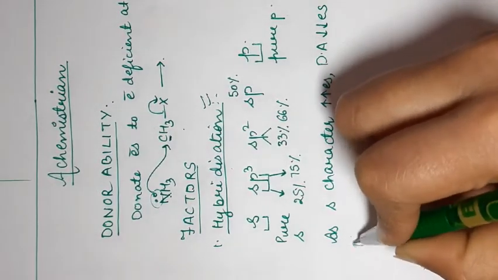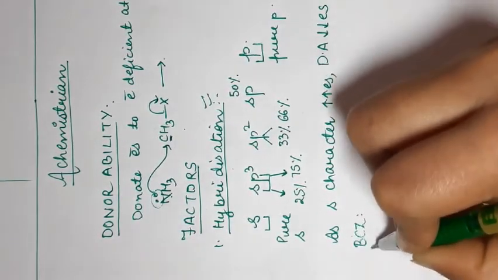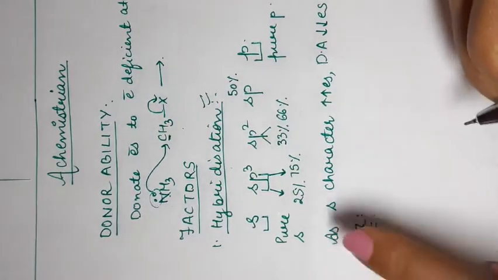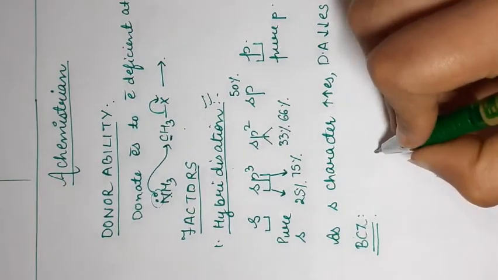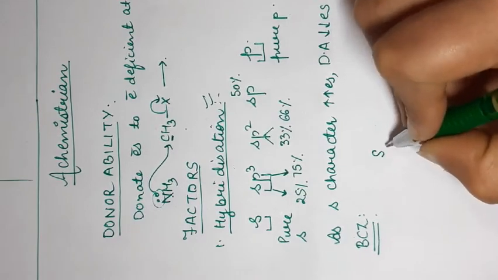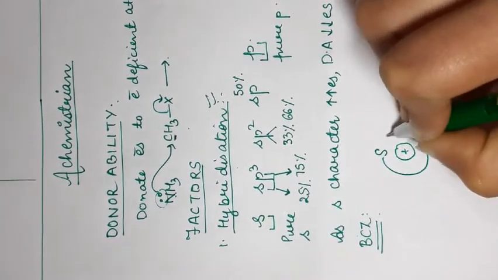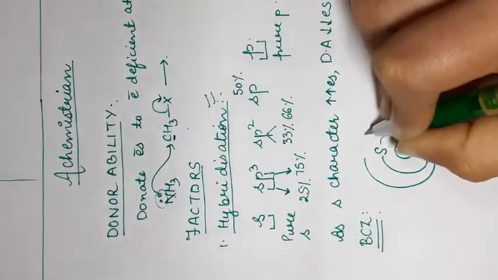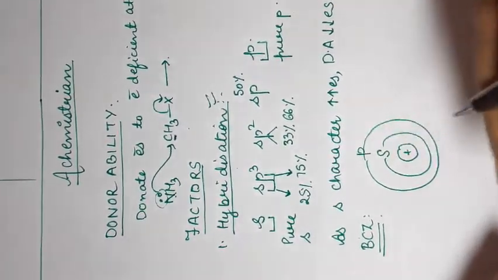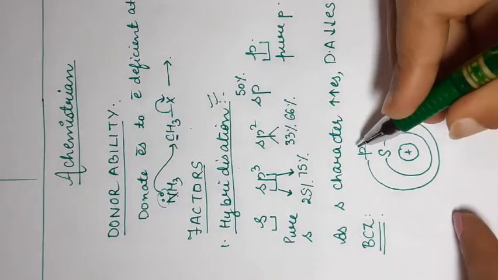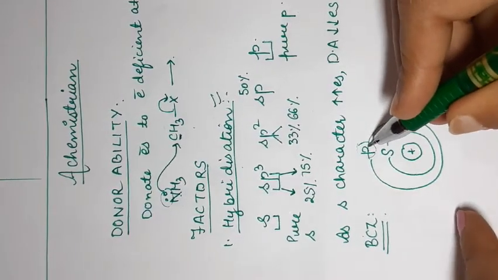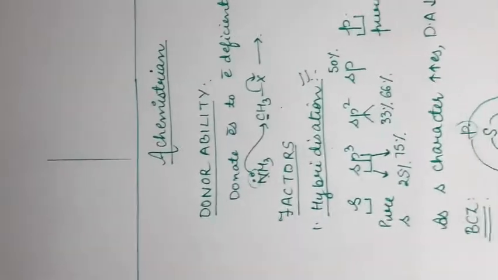Now, what is the reason? The reason here is that the s orbital is the closest to the nucleus. As we move away from the nucleus, the p orbital is at a greater distance.